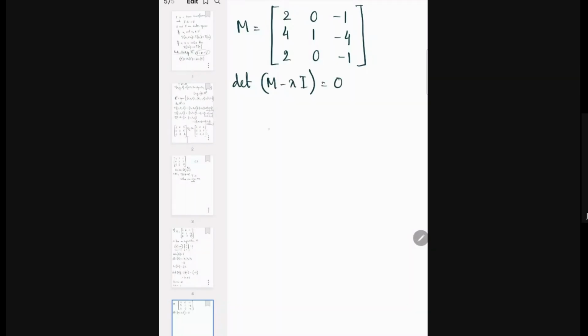We should first calculate this. Now this 2 has 0, so we should simplify the determinant from here.